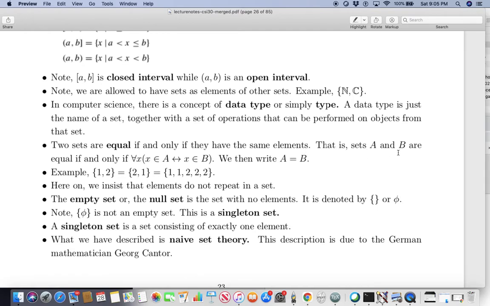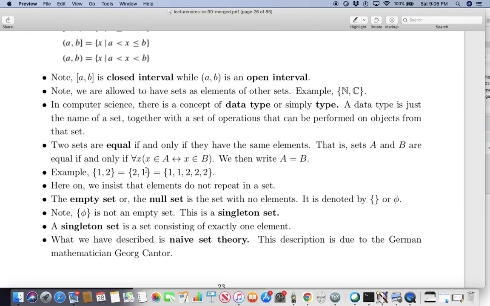That is, sets A and B are equal if and only if for every x, x is in A if and only if x is in B. Technically, I should read it this way: for every x, x is an element of A if and only if x is an element of B. We then write A = B. For example, the set containing 1, 2 is equal to the set containing 2, 1.